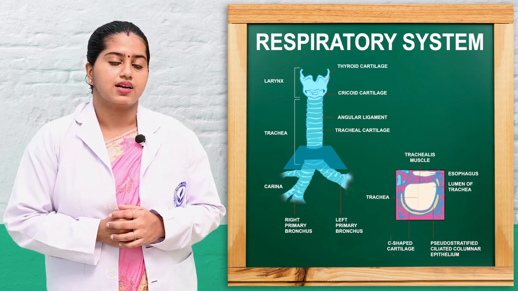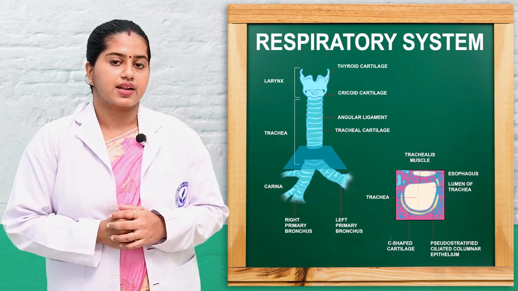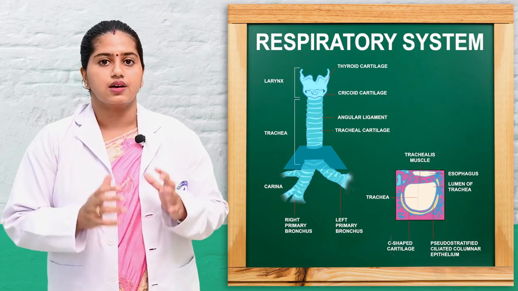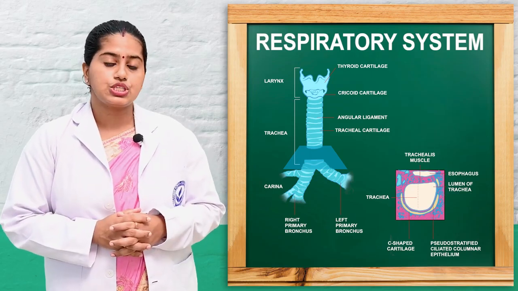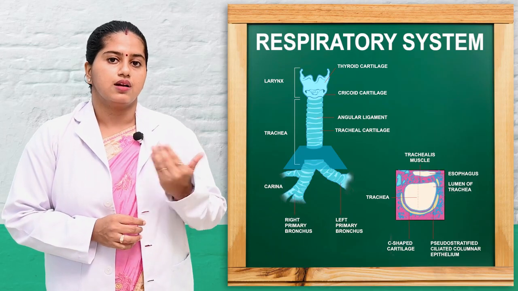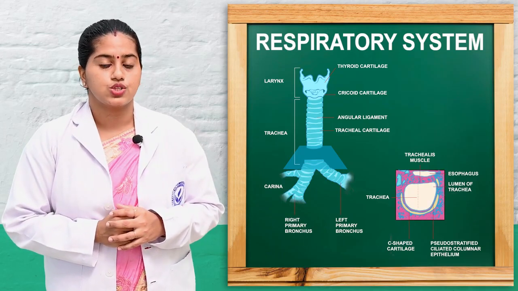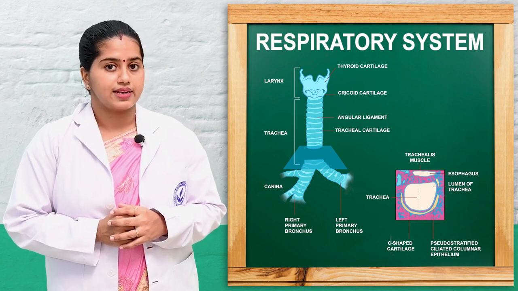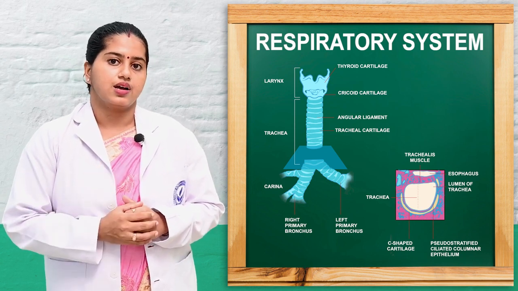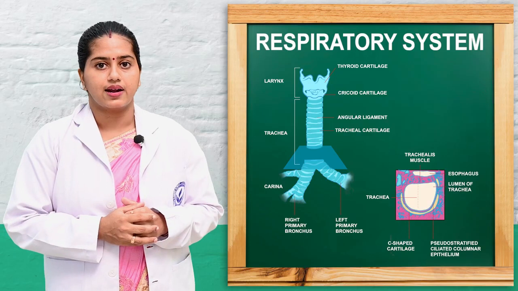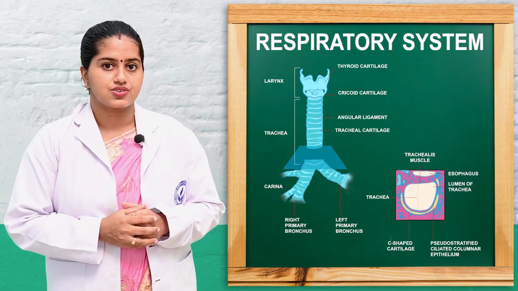The first one is the trachea. Trachea is otherwise known as the windpipe. It conducts the air, and the trachea consists of 15 to 20 irregular shaped cartilages; hyaline cartilages are present in the trachea.